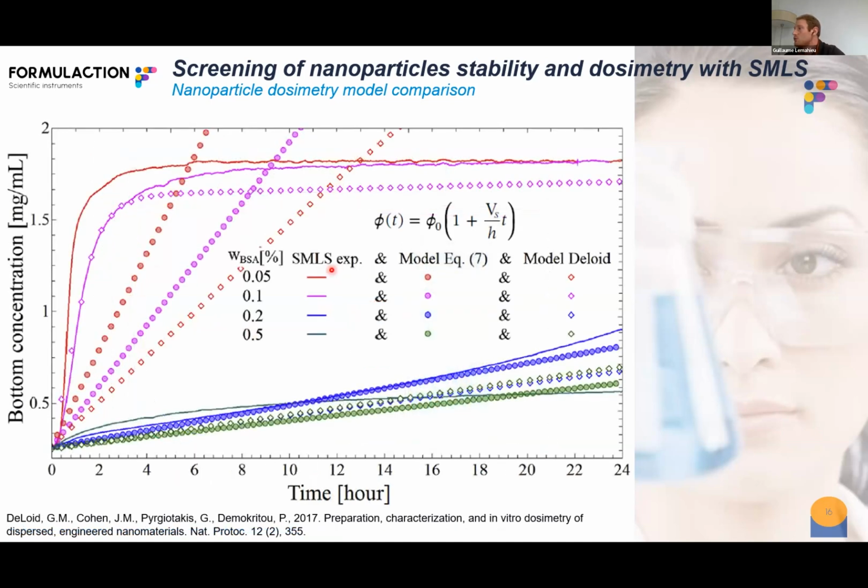We also try to link this dosimetry profile of particles with a model, a classical model for sedimentation, and also a model made by the team of Adelaide, which should be closer to the experimental results we can have.